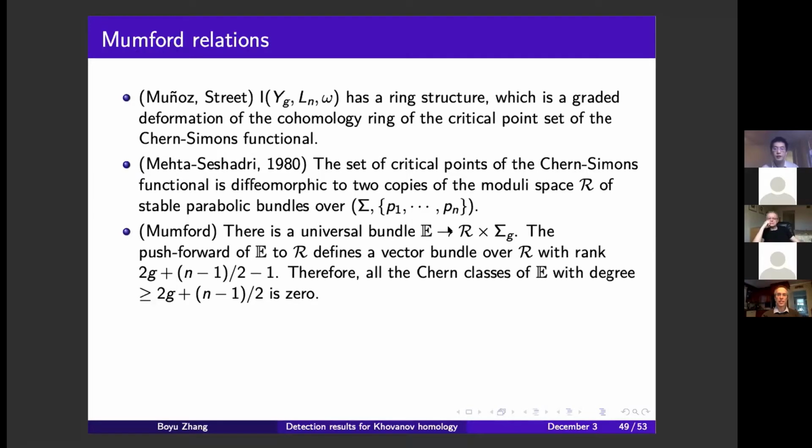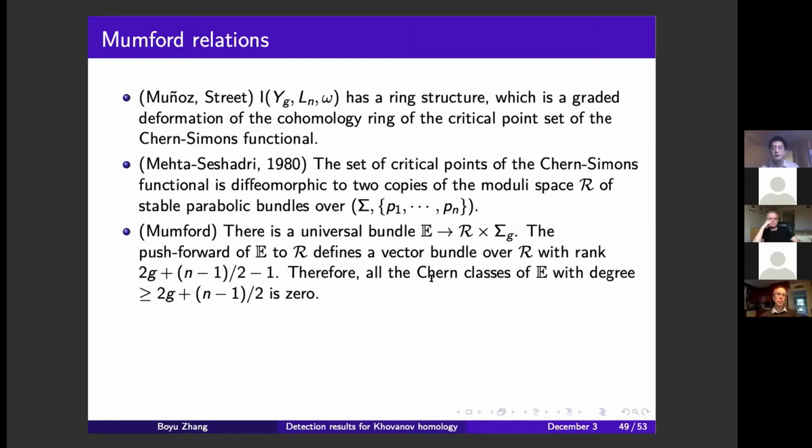Because this is a moduli space of vector bundles, we can construct a universal bundle over this universal space. If we consider an index bundle over it, we obtain a vector bundle with a particular rank that can be computed by Riemann-Roch.